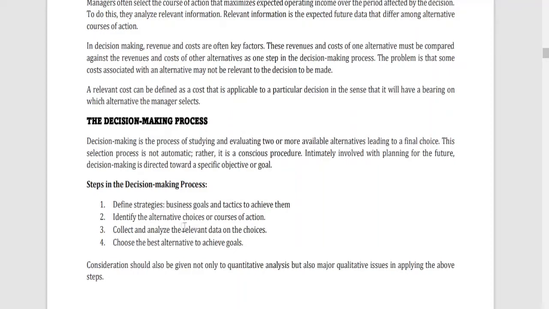Then collect and analyze the relevant data on the choices and choose the best alternative to achieve the goals. Because, diba, there are so many ways on how you can achieve it, but there should be one alternative that best suits that specific goal. If you watch, diba, the movie, The Avengers, diba?